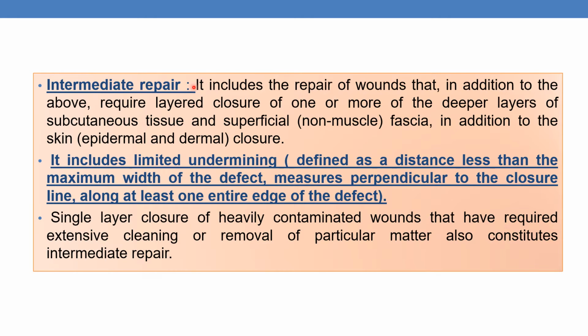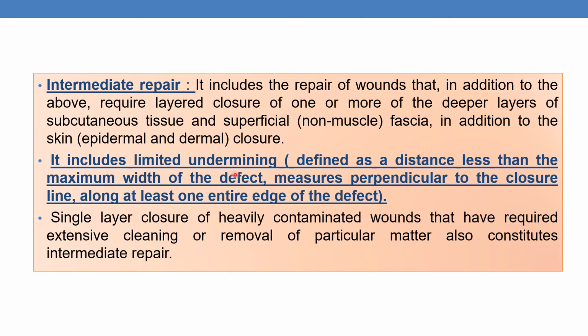Now coming to intermediate repair. It includes the repair of wounds that, in addition to the above, require layered closure of one or more of the deeper layers. Here, not a single layer. Intermediate repair requires layered closure of one or more of the deeper layers of the subcutaneous tissue and superficial fascia in addition to the skin closure.